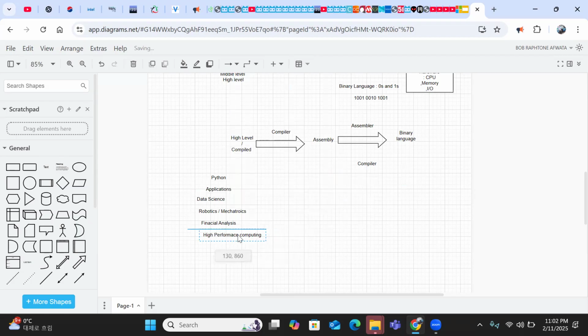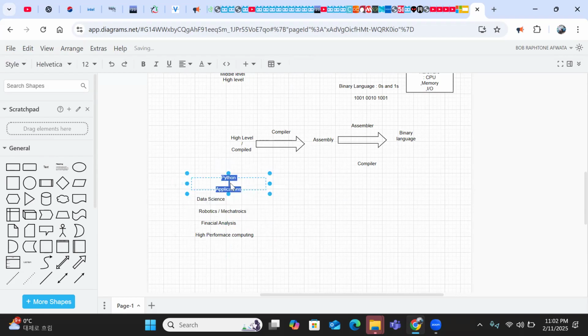If you are working on scientific research, these are some of the application areas of Python. Are we together, guys? Yes, we are. So let's take a 10 minute break and we come back and go deeper into these applications of Python programming.